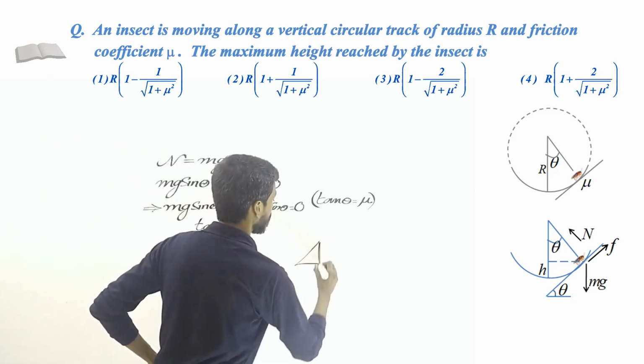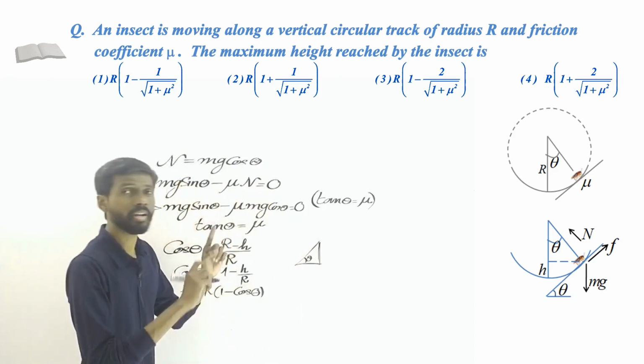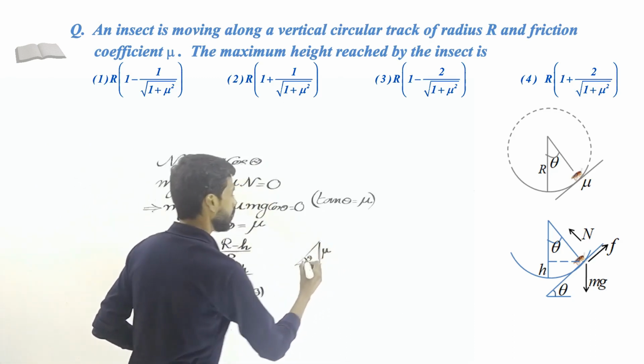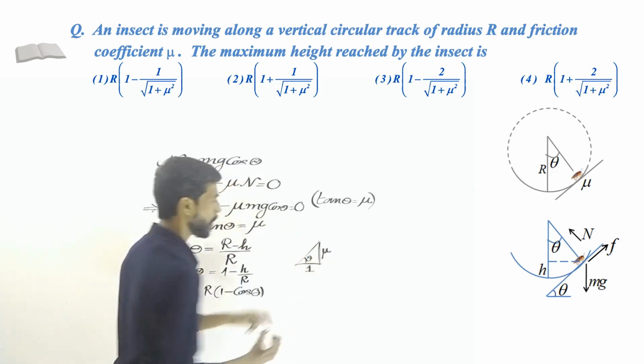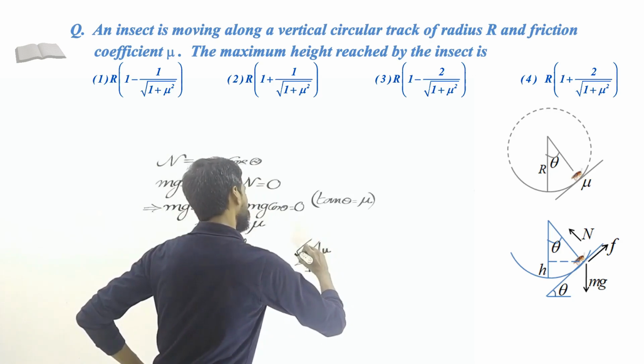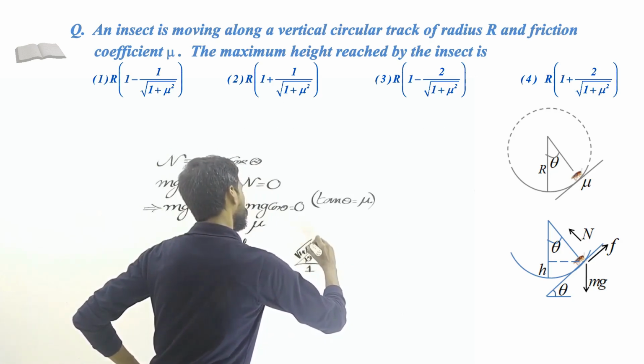Using our triangle method, tan theta is the opposite side, mu, divided by the base, 1. By Pythagoras theorem, the hypotenuse is root of 1 plus mu square.